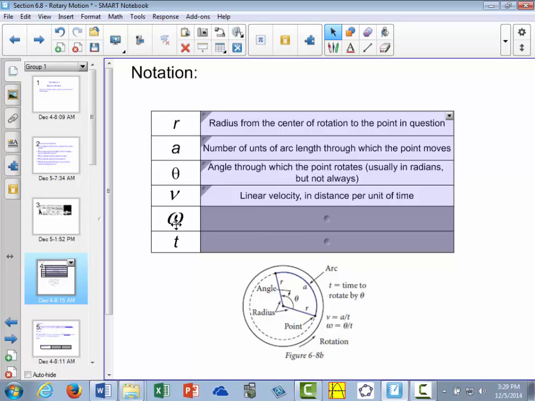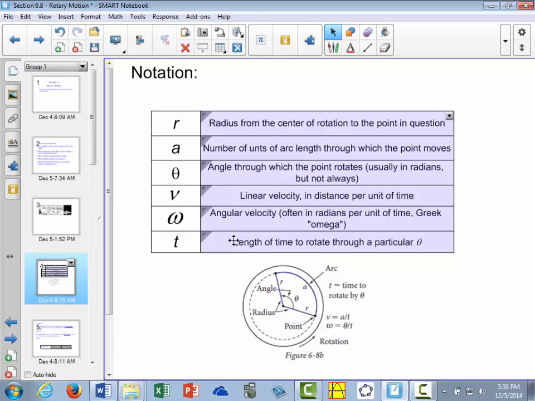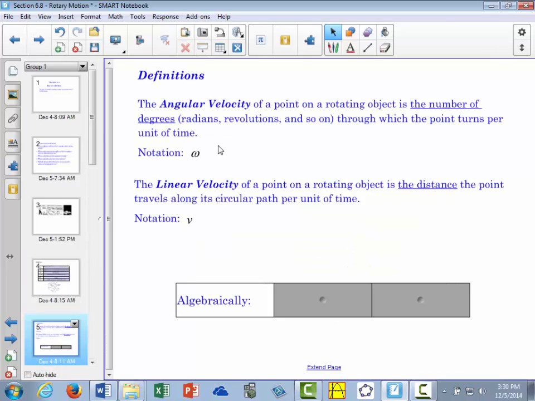This fancy W is also known as a lowercase omega, and that will stand for the angular velocity, which often we measure in radians per unit of time, but it doesn't have to be radians. It's the Greek omega. And then t will stand for the length of time that we're using to measure this rotation through a particular angle. Okay? So now that we have our notation down, let's talk about some of the ideas.